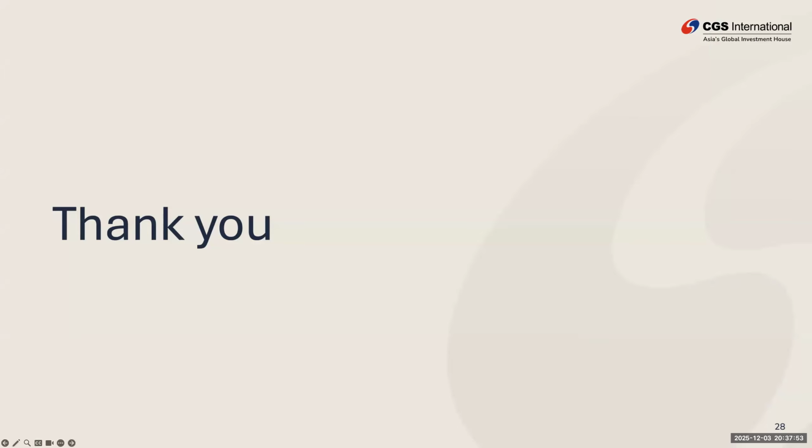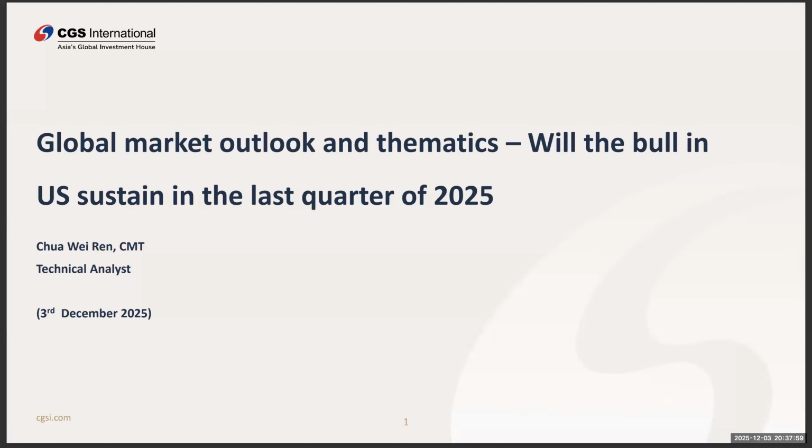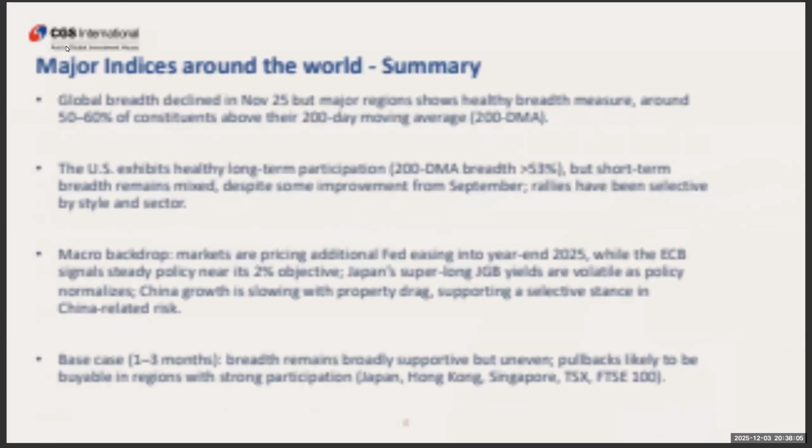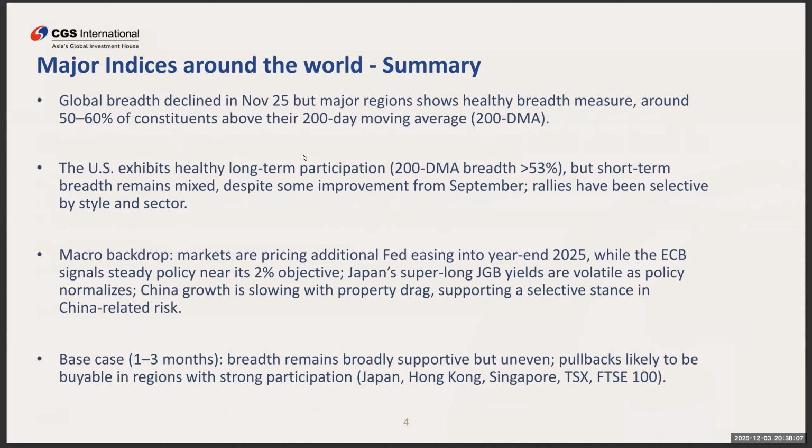Thank you, Billy. So I will just go through quickly what the market breadth is like for now, and whether the rally can sustain. Okay, so if you look at the major indices around the world, I think last month we did it in October, also around this time.